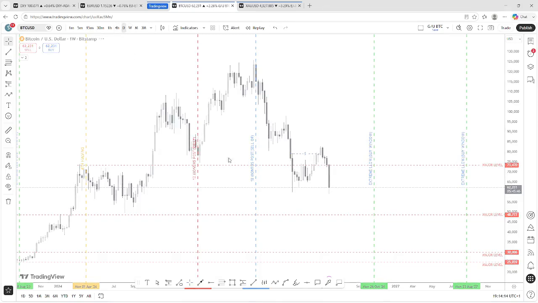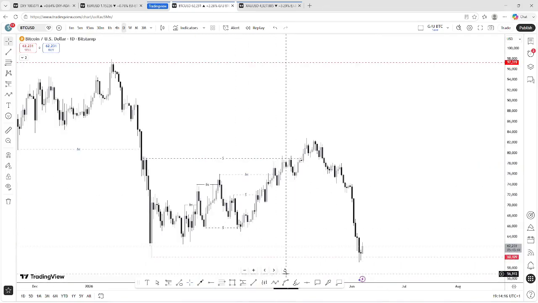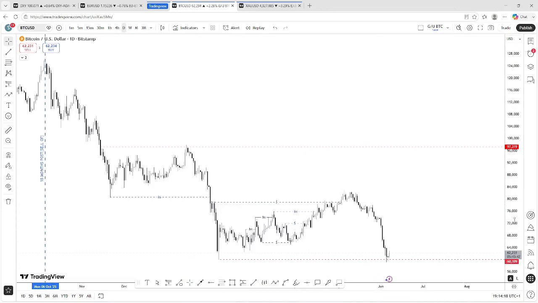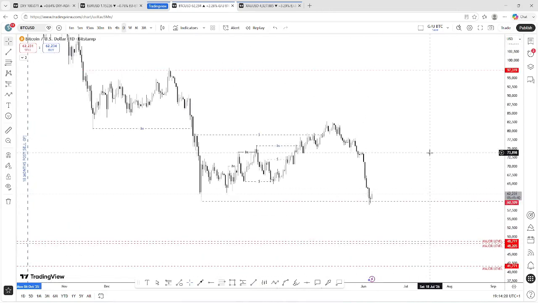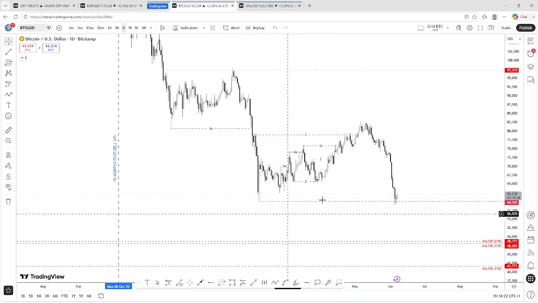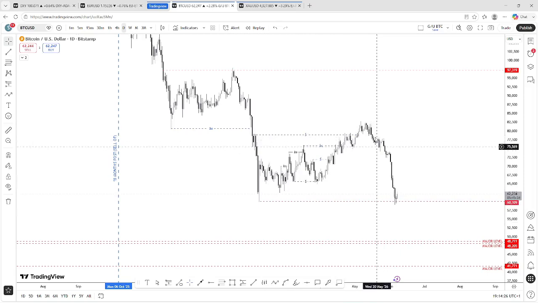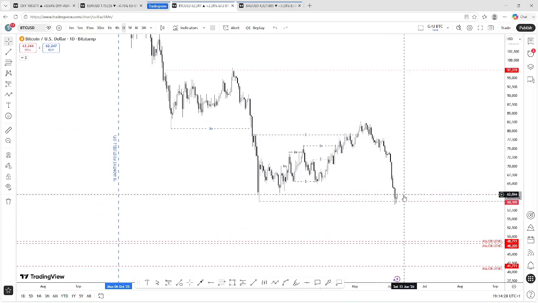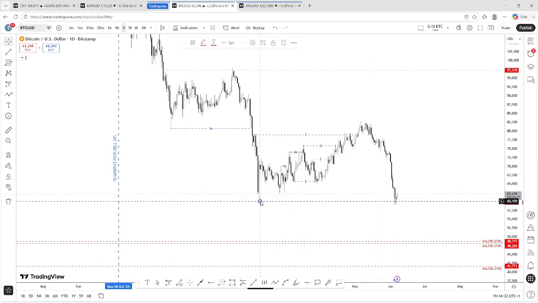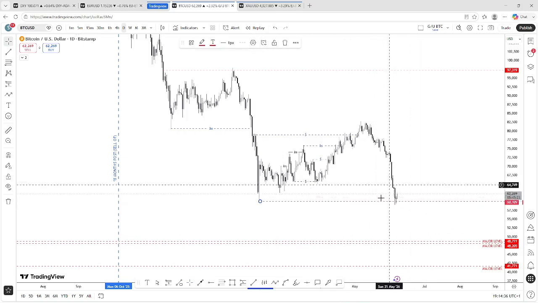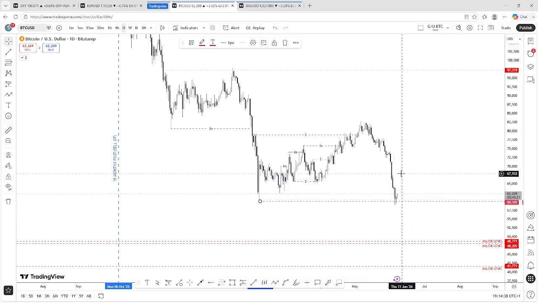Yes, let's take a look at the daily time frame. As anticipated, this was our target, and ever since we swept this liquidity, Bitcoin has been flashing to the downside. We can see that the price has just swept this liquidity and really refused to close below this level.